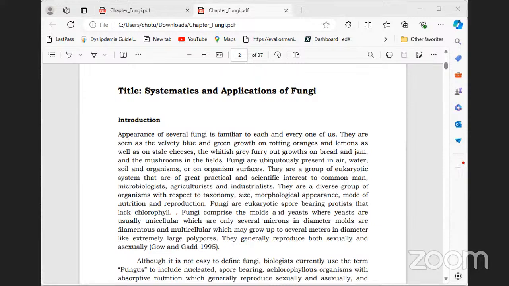They depend on food material from other organisms. In algae, they are autotrophous. But fungi are heterotrophous. Why heterotrophous? They do not prepare their own food material. They depend on food material from other organisms. That's why the fungal body is called mycelium and they are heterotrophous.